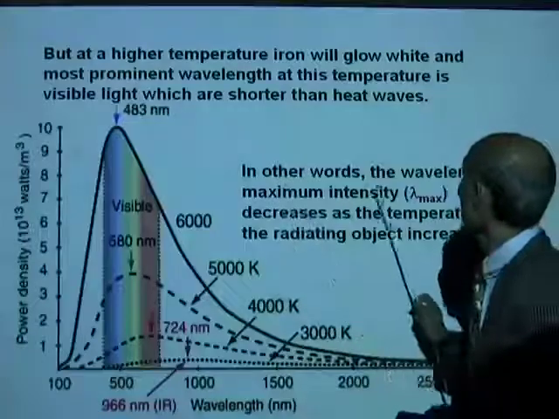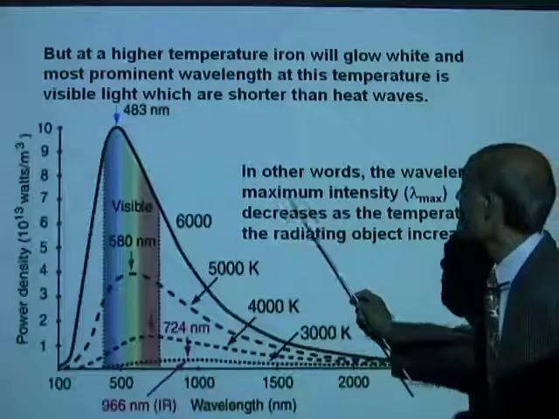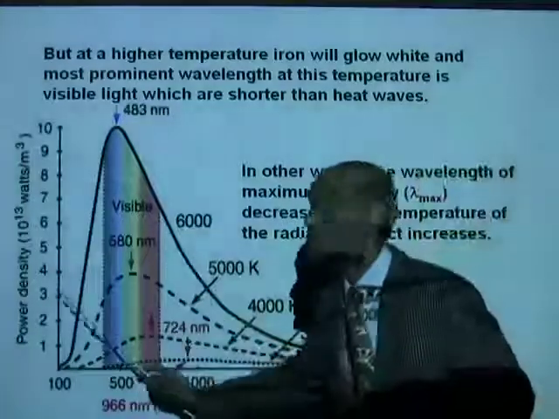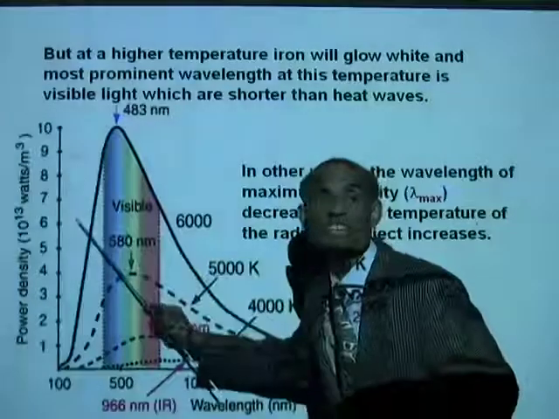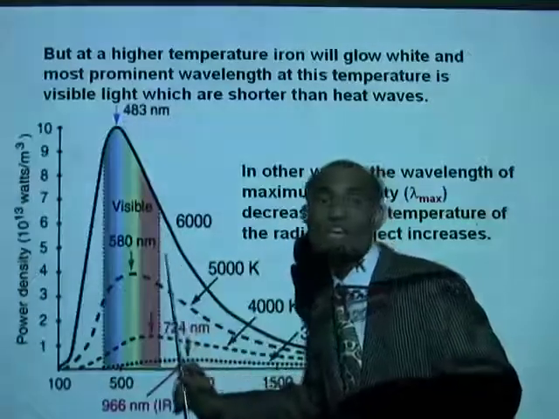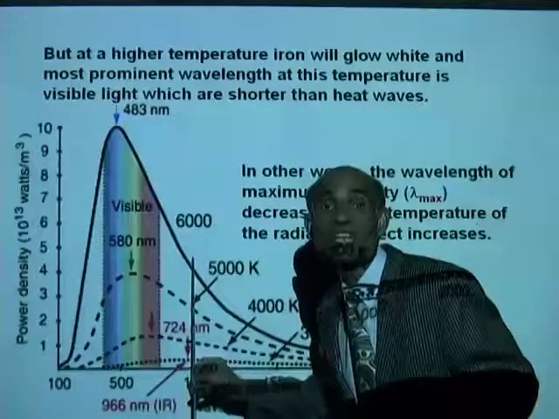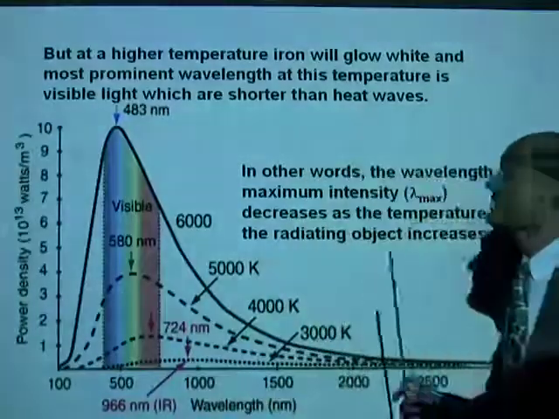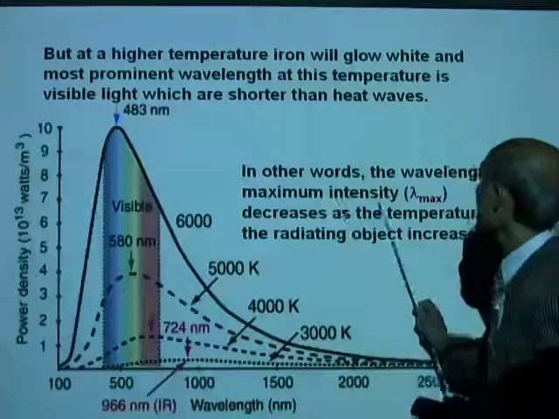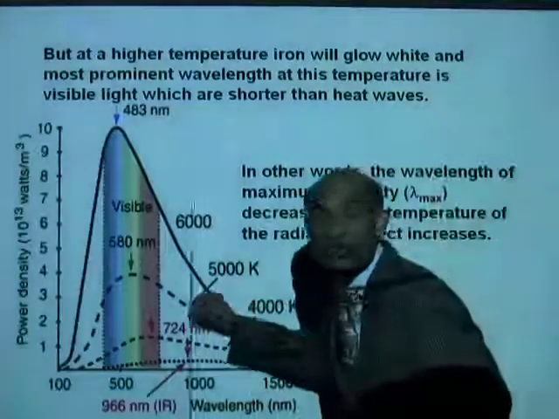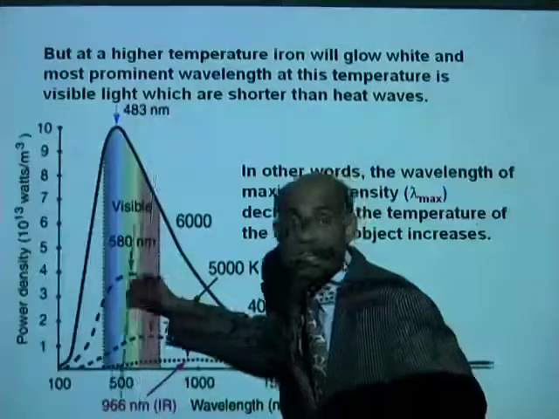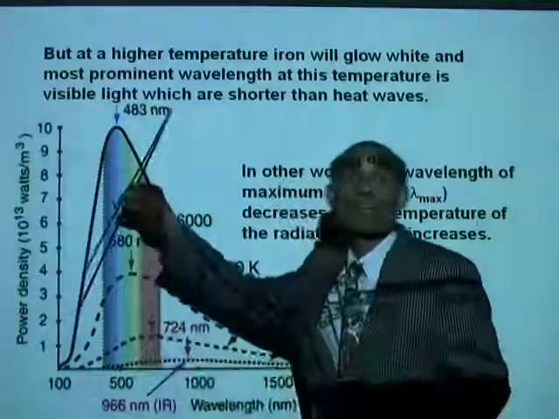In other words, the wavelength of the maximum intensity, you can see the y-axis is the intensity. Now, what is the wavelength that has the maximum intensity at a particular temperature? The wavelength of maximum intensity will shift to the left, will decrease as the temperature increases.